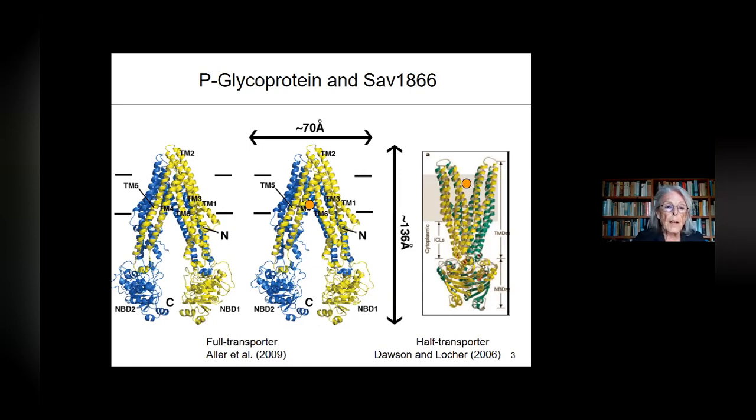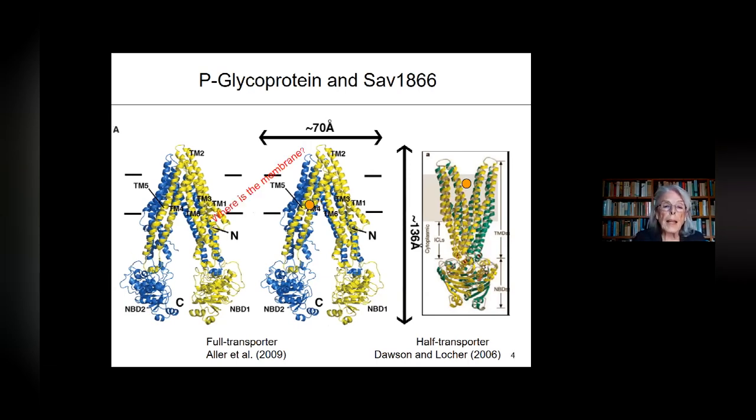These are the structures of P-glycoprotein and of Sav, and these structures seemed to confirm this model. My question was then, where is the membrane, and what is the role of the membrane here in the middle of these transmembrane helices?